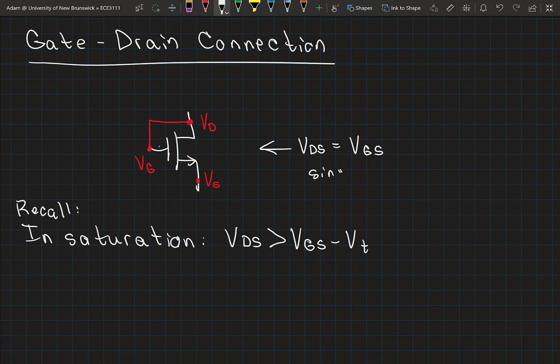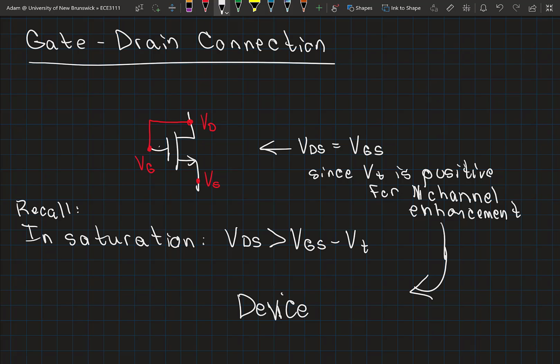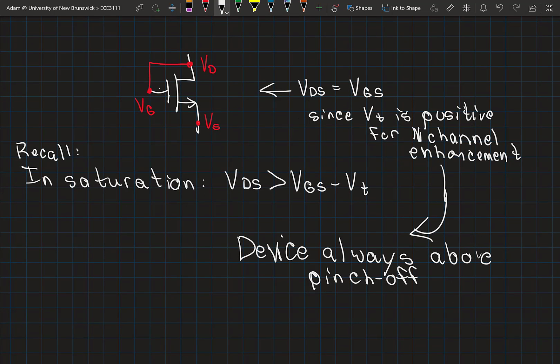Since VT is positive for N-channel enhancement, as soon as I see this connection, I can immediately know that my device will always be above pinch off, or in other words, it's always in saturation.